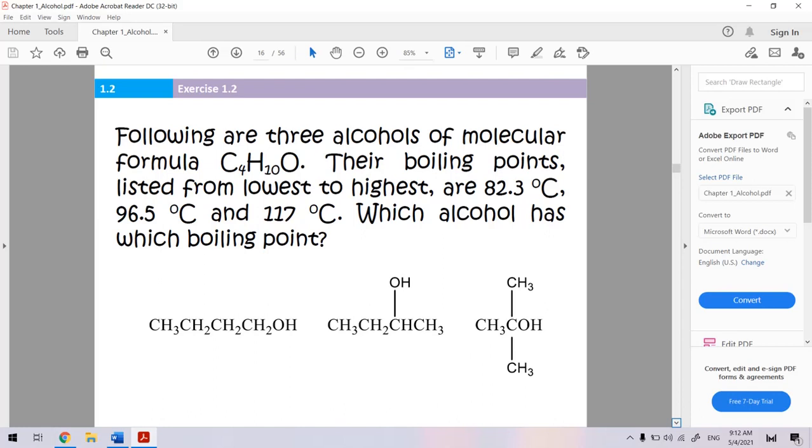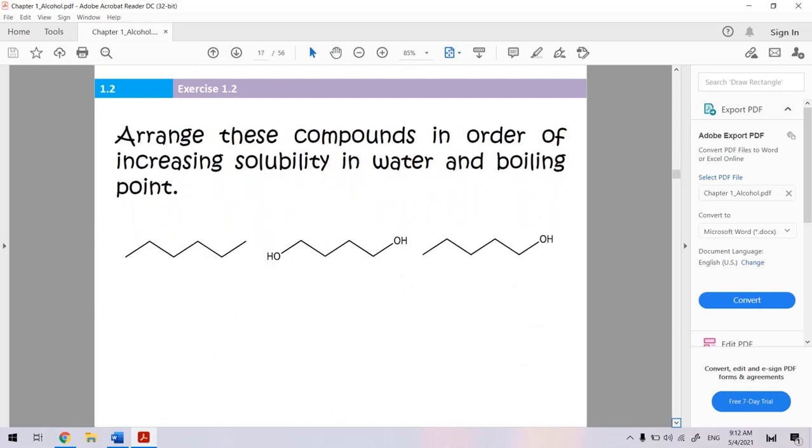So 82.3 is referring to which alcohol? Please do not forget to put the IUPAC name for each of these 3 alcohols. And also this exercise: arrange these compounds in order of increasing solubility in water and boiling point. So you have to answer one for solubility in water and another one for boiling point.